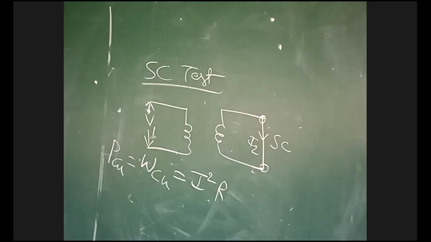In the second case, short circuit test, we determine copper loss in the windings, the complete copper loss of the transformer. These are the two tests we do in the basic electrical engineering laboratory for the transformer. Any doubt in the copper loss and iron loss?